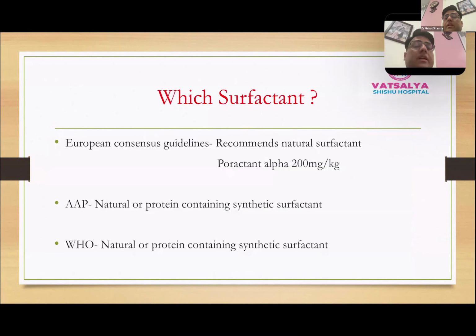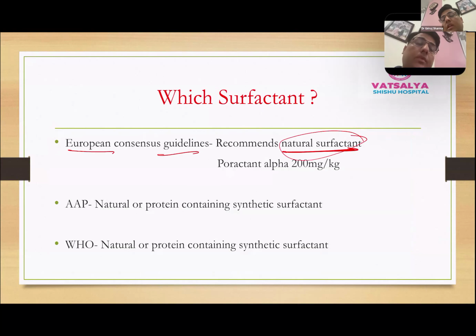So which surfactant should be given? What are the recommendations of the different bodies? European guidelines say that natural, animal derived surfactant should be used, and they recommend poractant alpha at a dose of 200 milligram per kg.